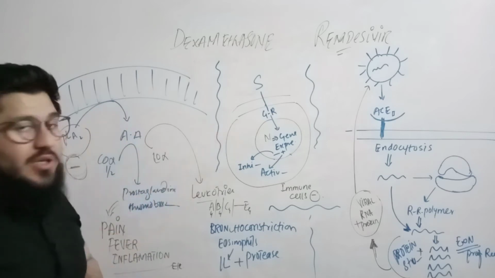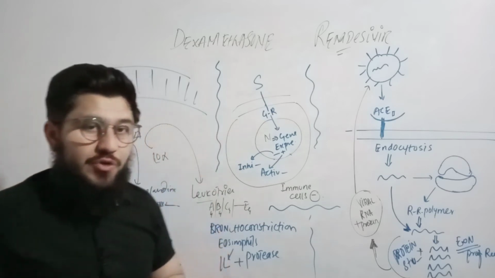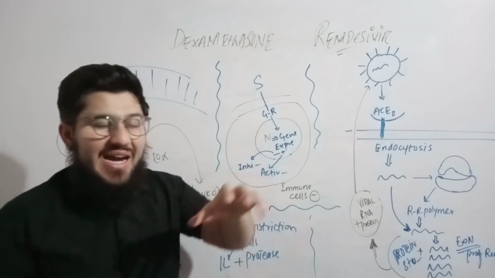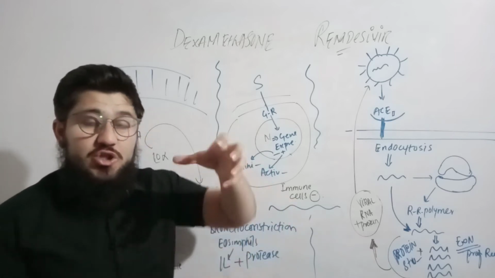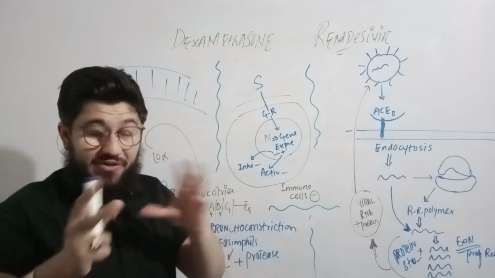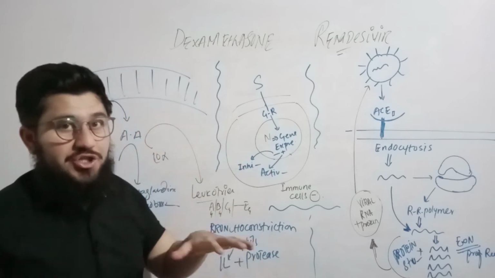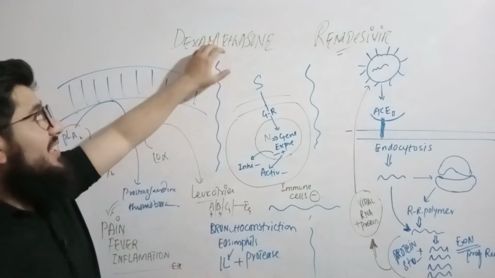Now let's move towards the immunosuppressive mechanism of action. We know when there is a COVID patient in a very worse condition, a cytokine storm is seen. A storm of cytokines is observed. So in order to suppress that immune action, we indicate dexamethasone.